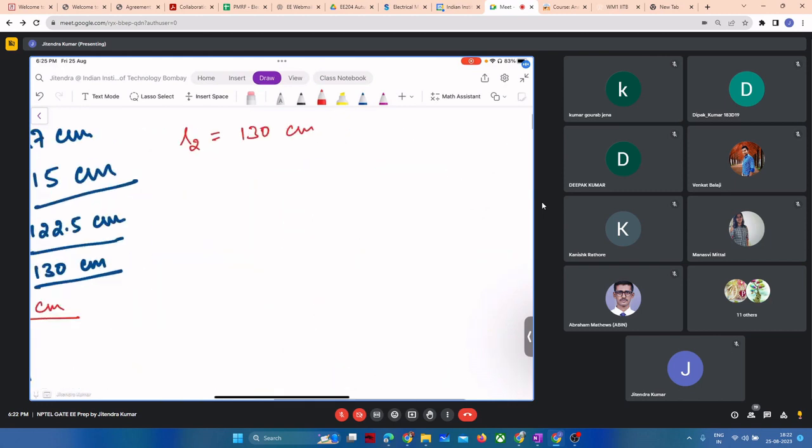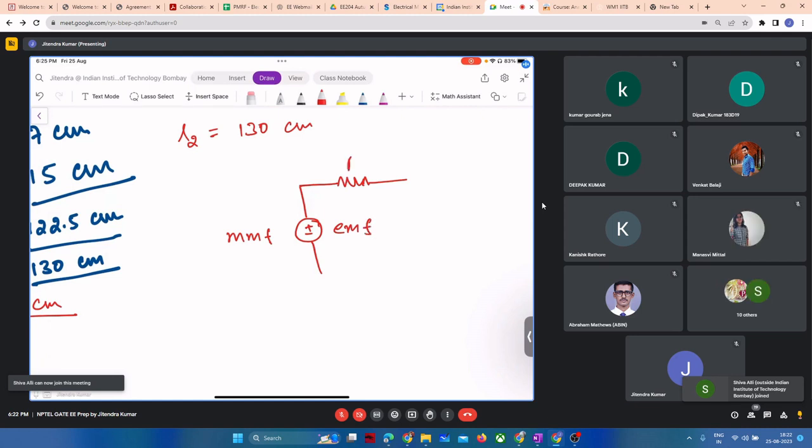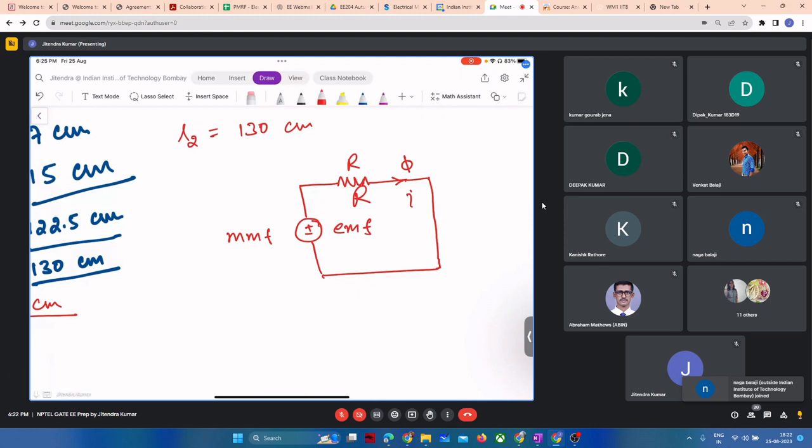I hope many of you know the magnetic equivalent circuit: MMF is generally made analogous to EMF, and resistance is made analogous to reluctance, and we consider current as similar to the flux. These are the analogies we bring from our vast experience with electrical circuits.